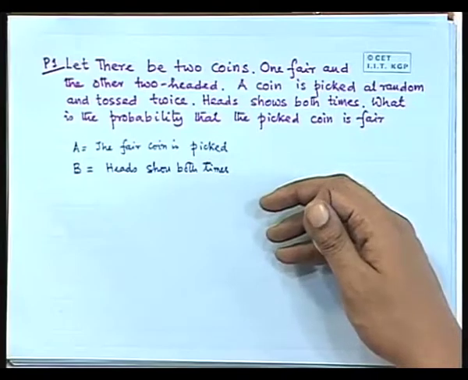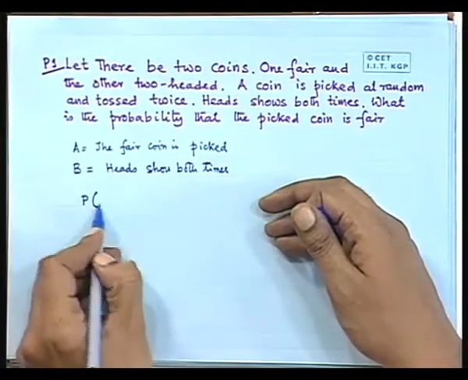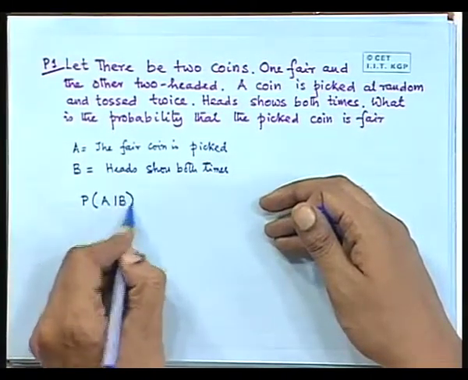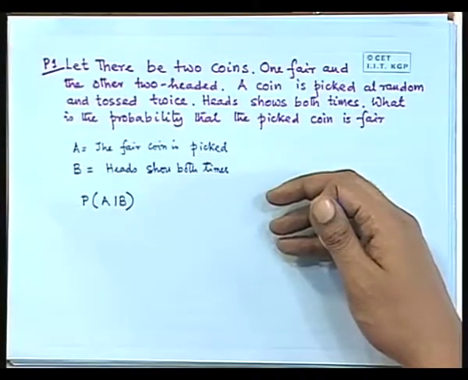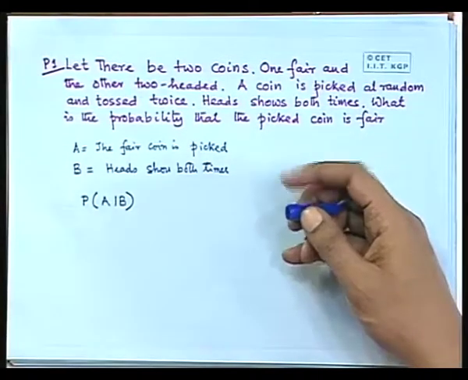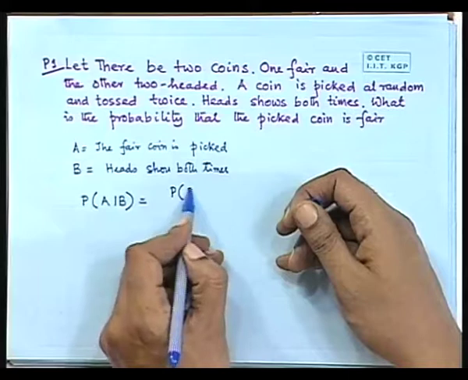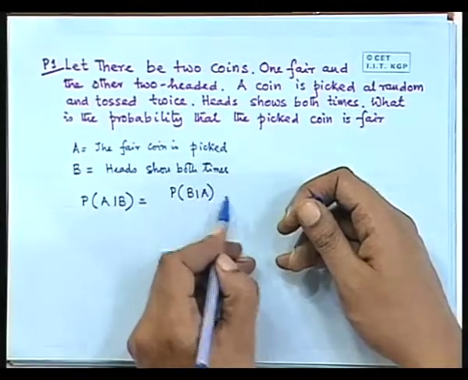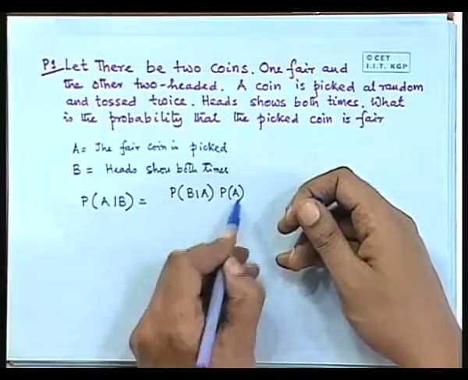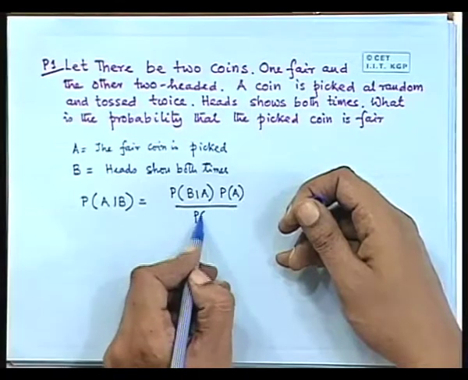So what are we trying to calculate? We are trying to calculate probability of A given B. So what is probability of A given B? It is probability of B given A into probability of A divided by probability of B.